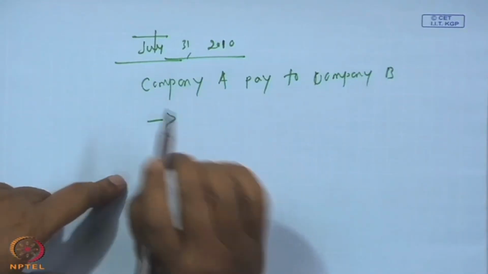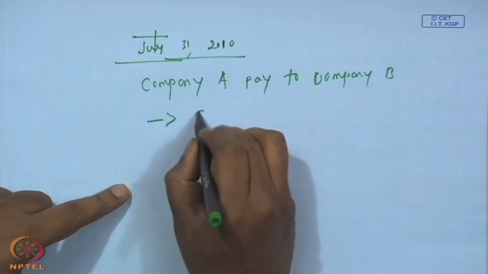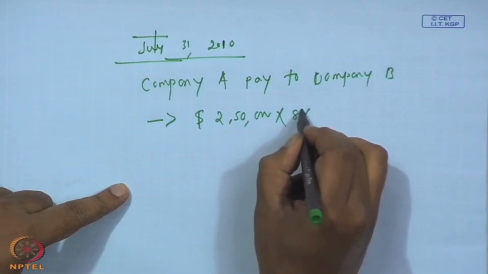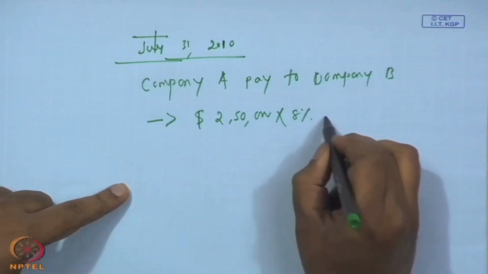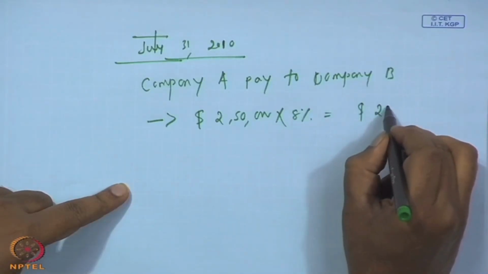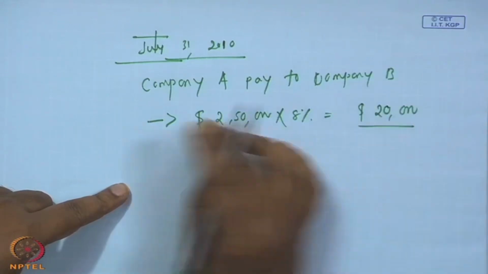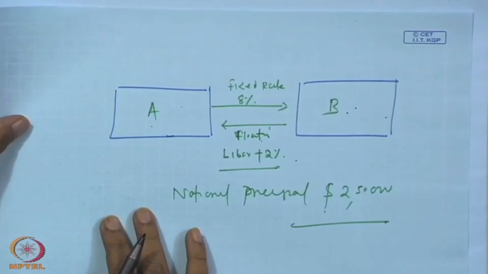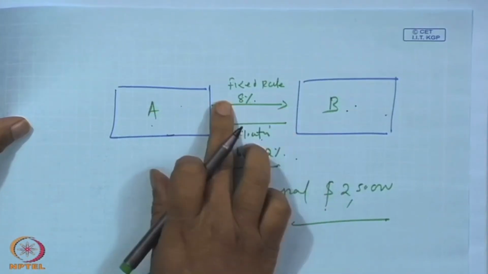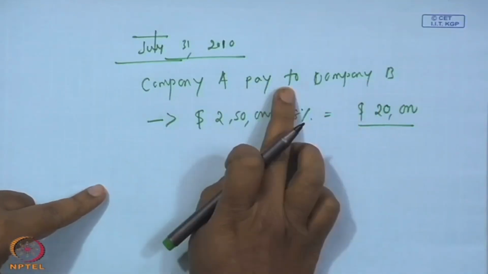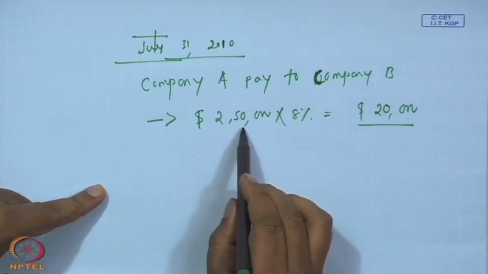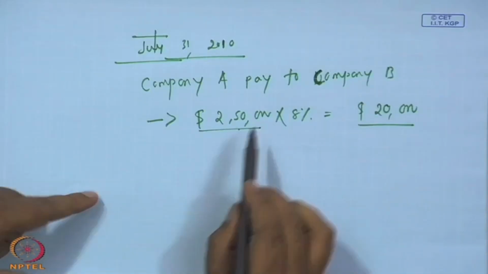A fixed interest rate of 8%. On what notional principal? The notional principal is $2,50,000, and 8% of that is $20,000 paid to company B. Our transaction here, company A surrenders 8% of notional principal 2,50,000 to company B.